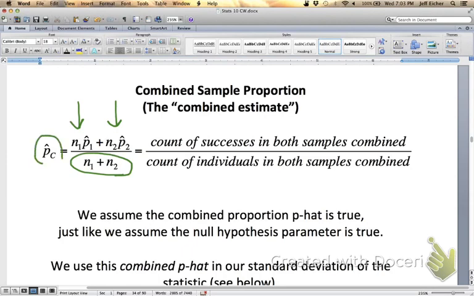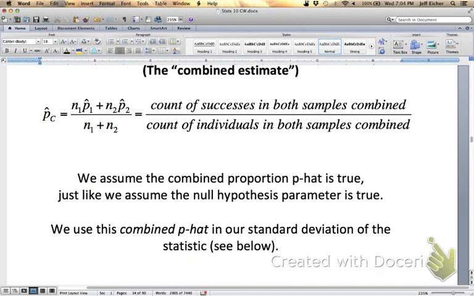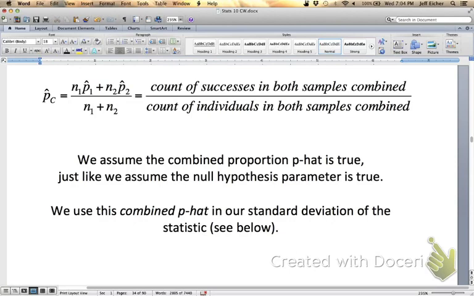And this gives you the combined proportion. We assume the combined proportion p hat is true, just like we assume the null hypothesis parameter is true. And as I said, we use this combined p hat in our standard deviation of the statistic below.